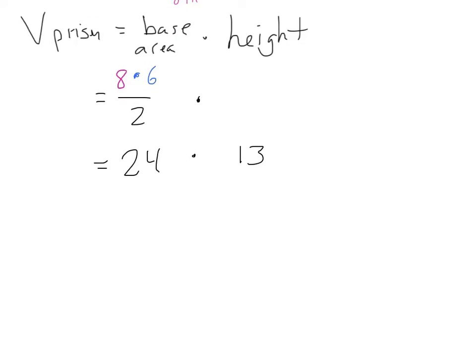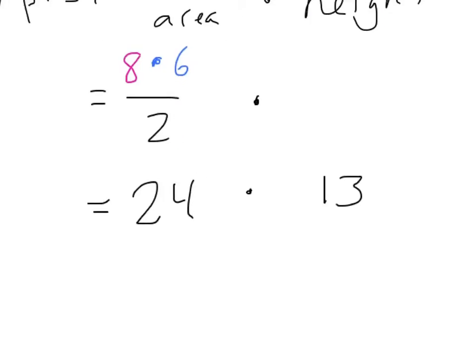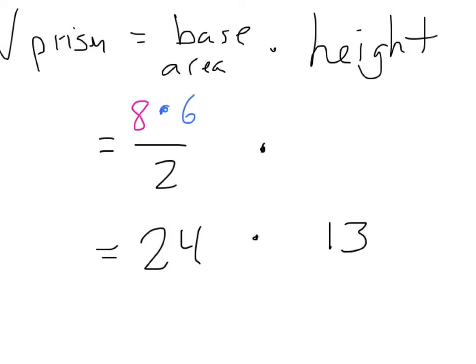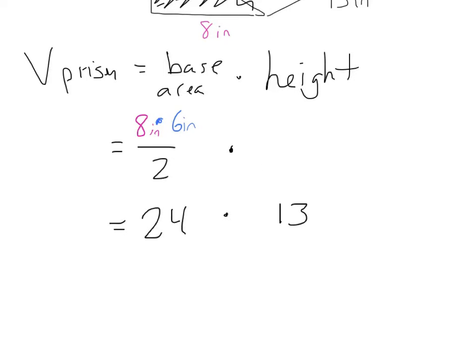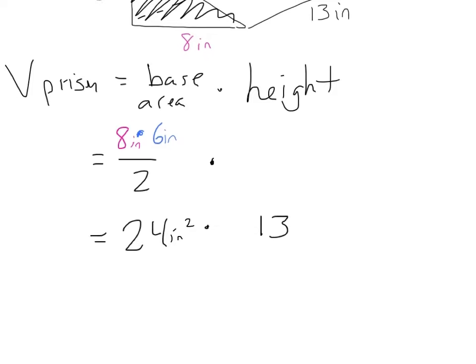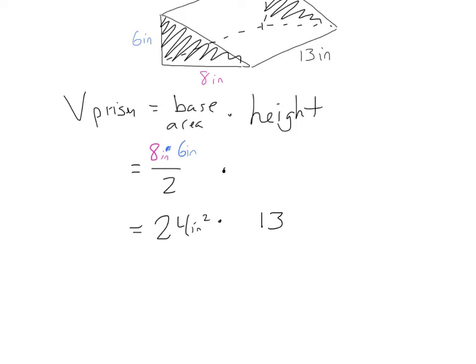Here we took 8 inches times 6 inches and divided that by 2. I should have done this earlier. So since we are finding the area of the base, this is actually 24 inches squared times our height, which is 13 inches.